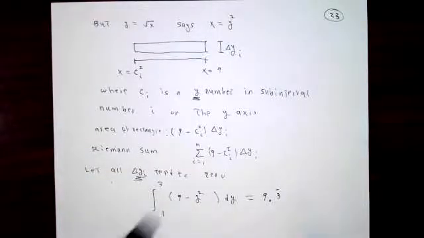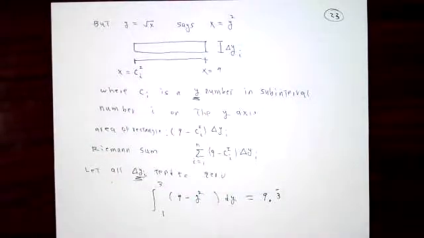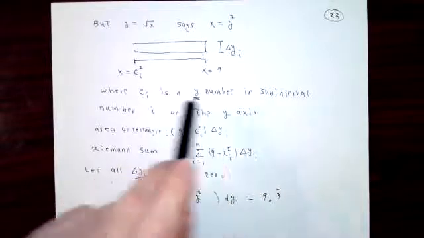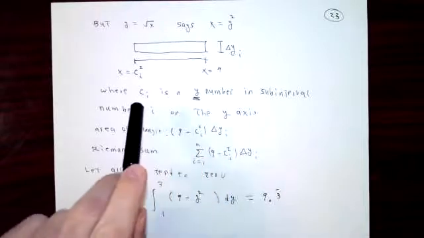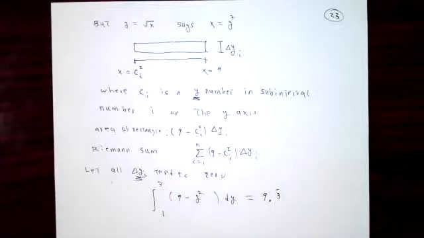So vertical height is delta y i. Horizontal height is bigger number, 9, minus smaller number, c i squared, where c i is a y number that's in subinterval number i on the y-axis.